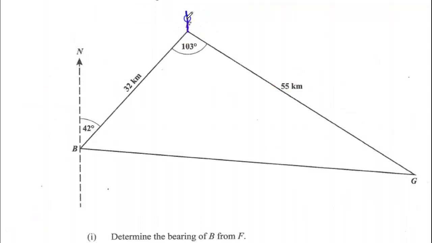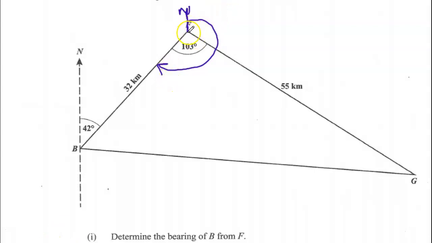So it's from the north of F. That's the north of F, right? So the bearing of B from F would be this angle, all of that angle, in blue. We know this is 103 already, so now we need to find this angle here. Let's see, we can do some extension.